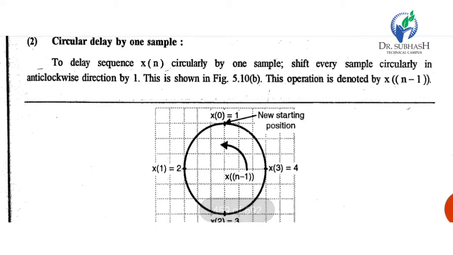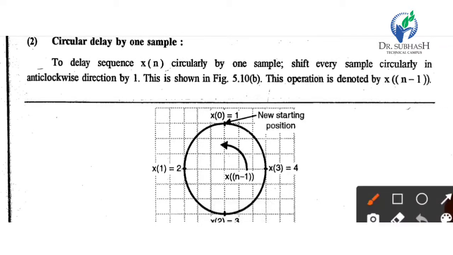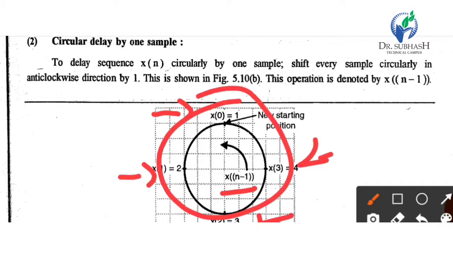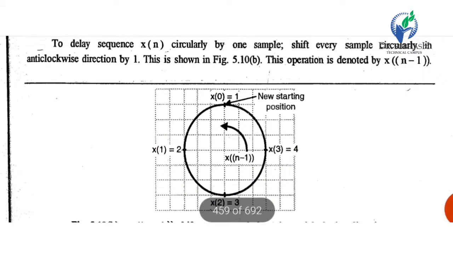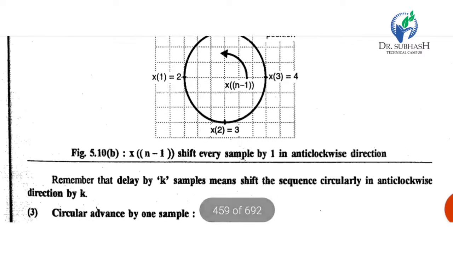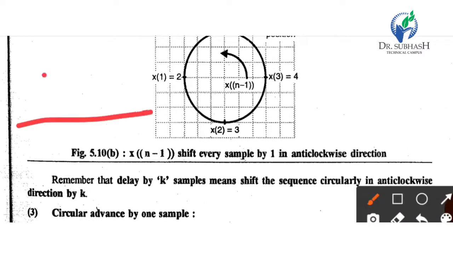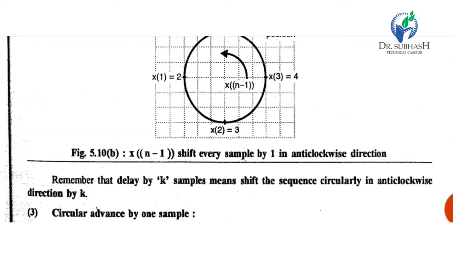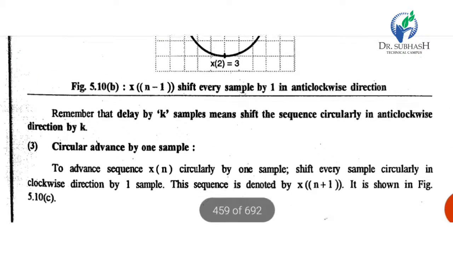If we delay, then x of 0 moves here, x of 1 here, x of 2 here, and x of 3 equals 4. So this is x of n minus 1 circularly, and the delay is in the anti-clockwise direction. There is no need to write the whole sequence and repeat, so we use the circle.